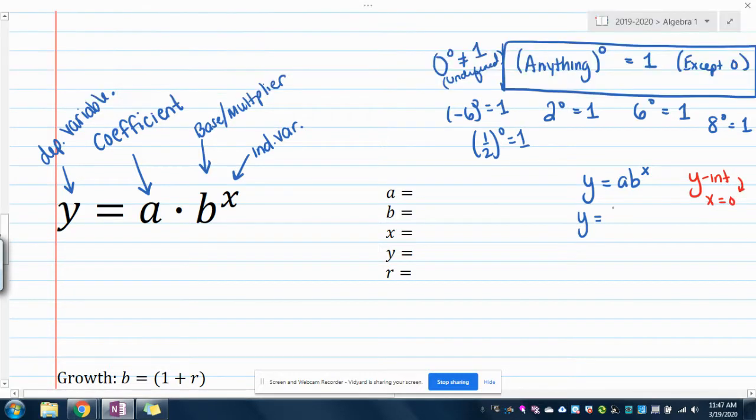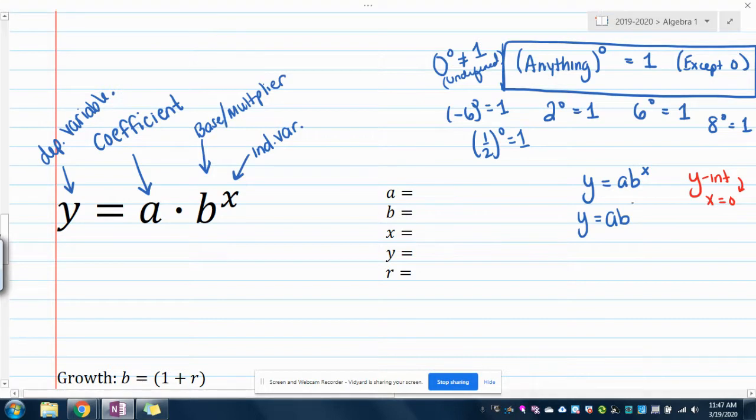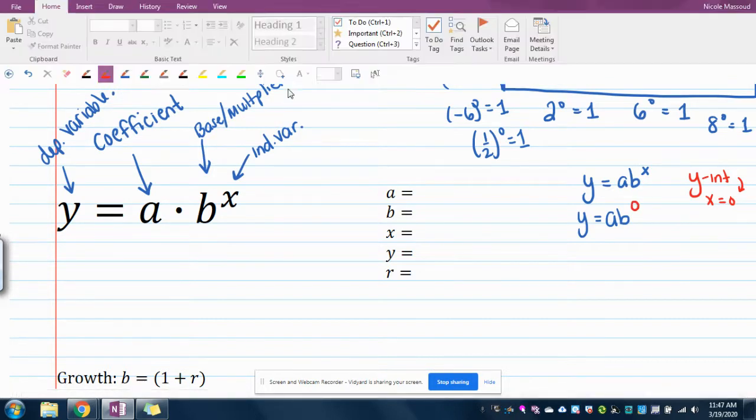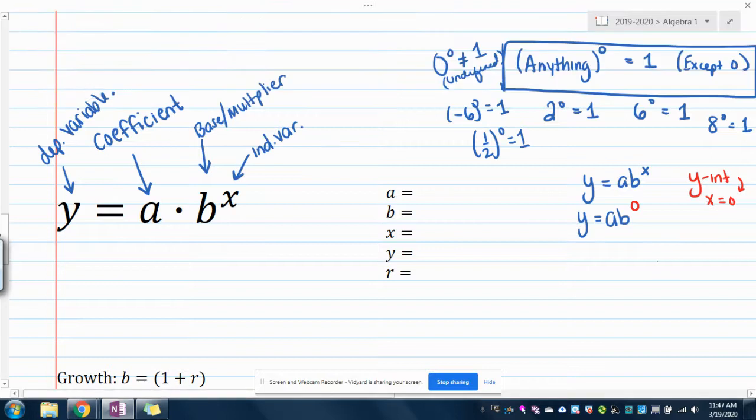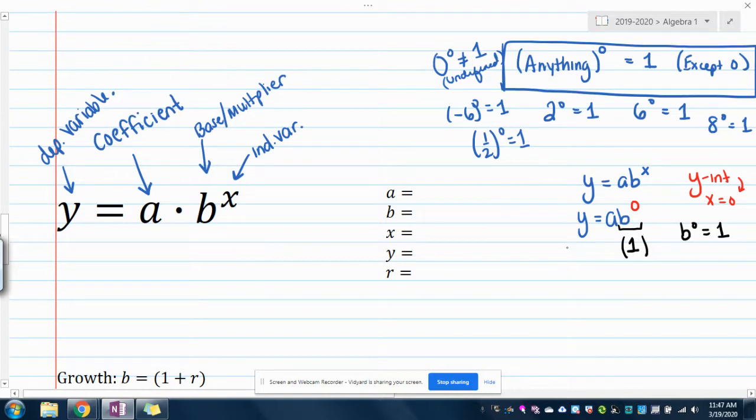So I have ab to the 0 power. So again, PEMDAS tells me to do this first, right? So I have b to the 0 power is equal to 1. As long as b is not 0, but we already know from the last video, b cannot be equal to 0. So I have y equals a times 1, so y equals a.